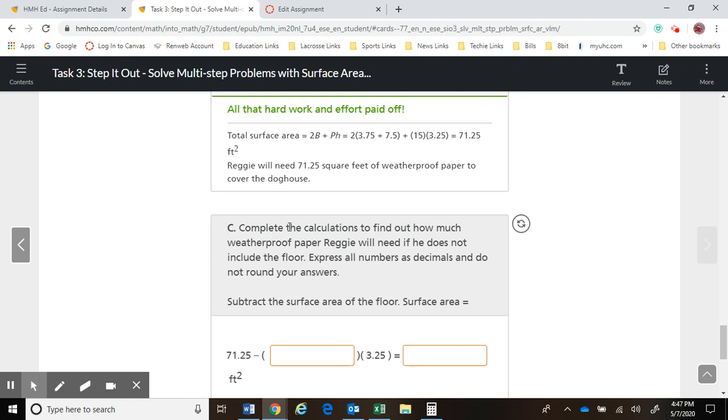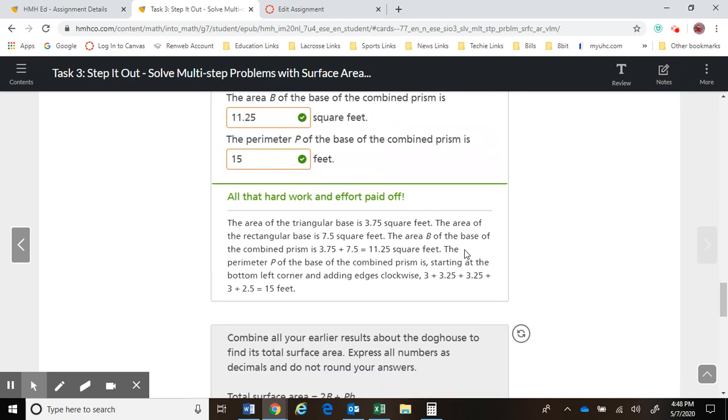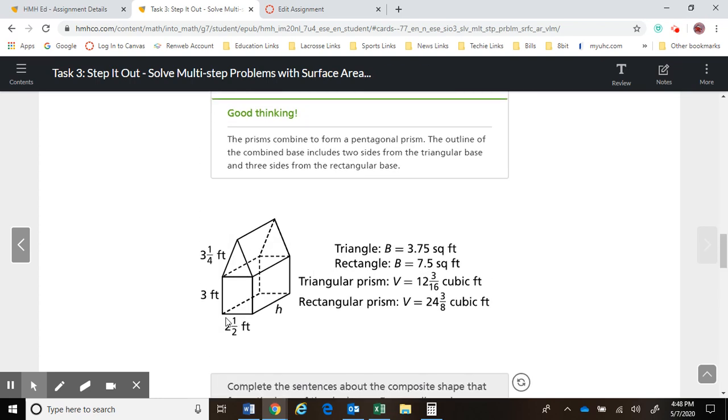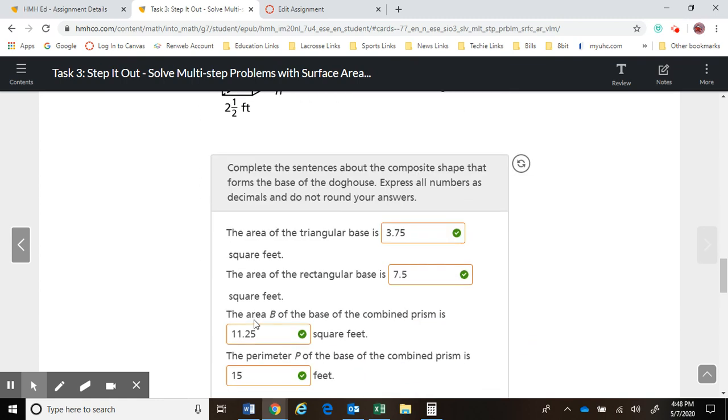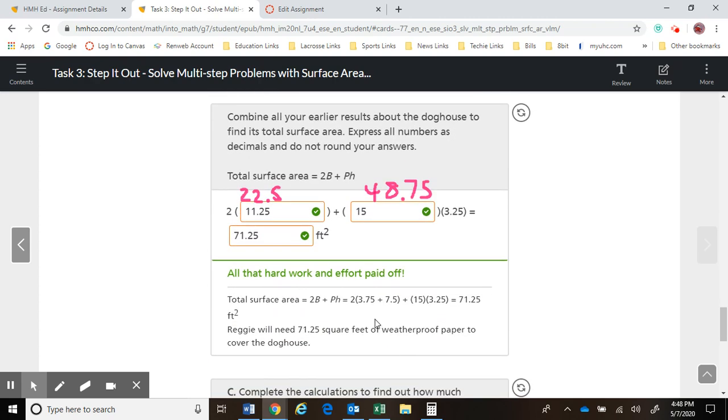Express all numbers and do not round your answers. Subtract the surface area of the floor. So what did the floor consist of? We've got 2.5 here, and then my height of it, of course, was 3.5.